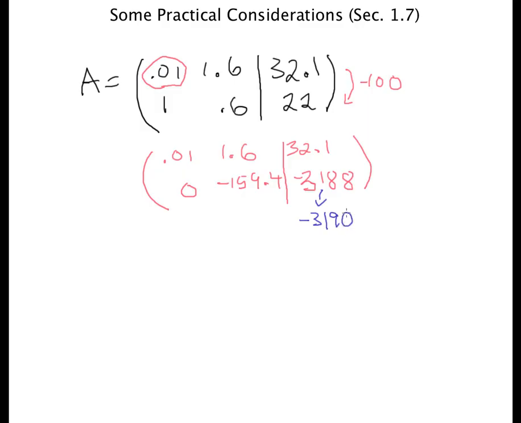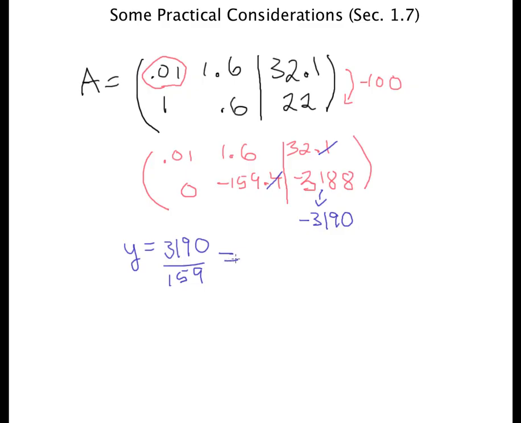That doesn't seem like a big deal. That's convenient. It makes the calculation a little easier. And if you do that, what you get is that y turns out to be 3190 over 159. Oh, and I'm also going to round this off to 1 minus 159 and round this off to 32.